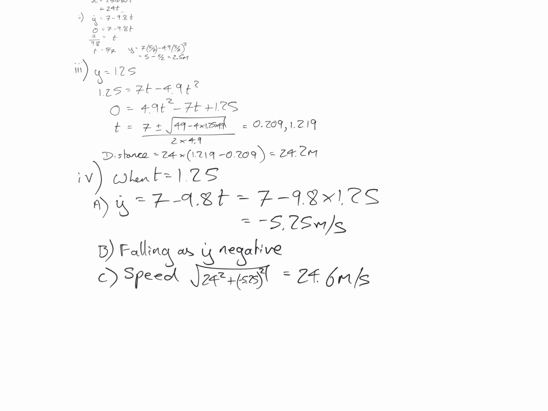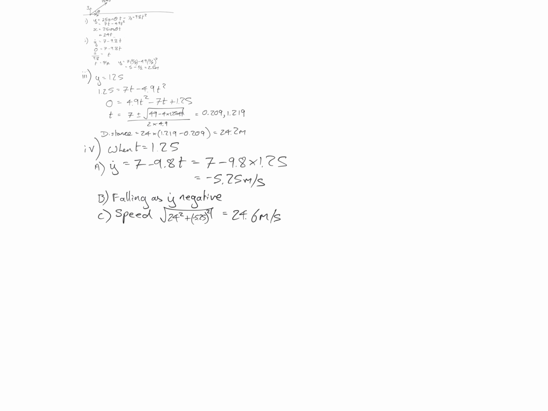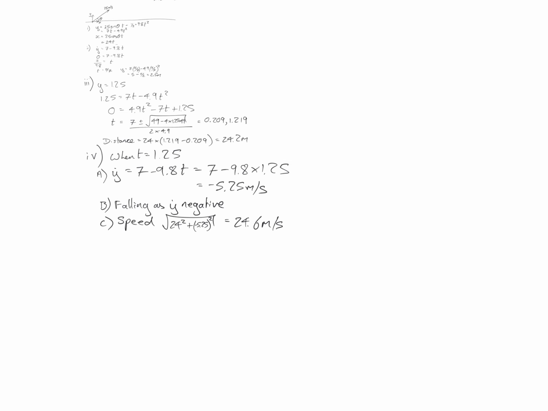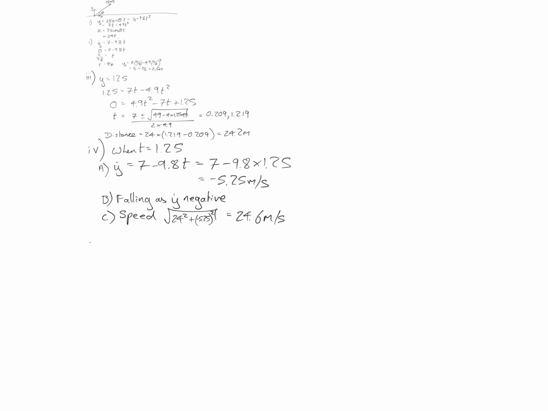And then the very last part, show that y equals that, hence or otherwise find the range of the ball. So we've got the equation, y equals 7t minus 4.9 t squared.